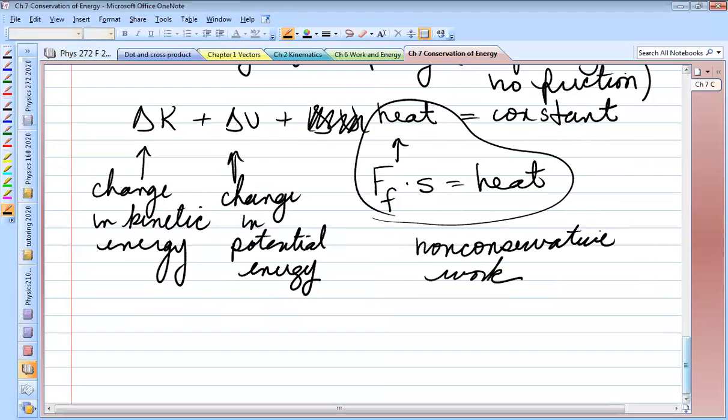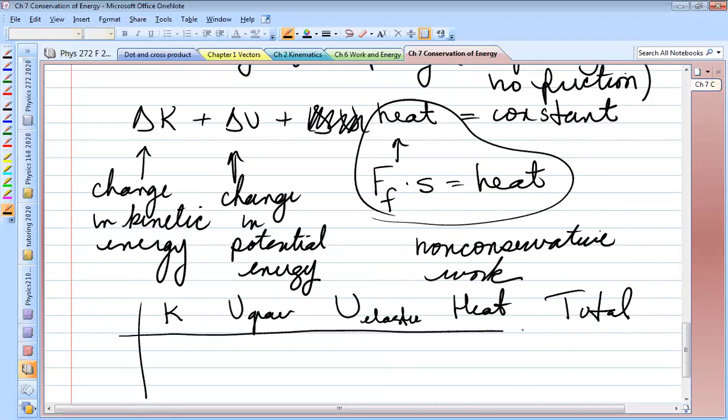Now, the way I actually like to use this equation is a bookkeeping method. So what I do is I list the types of energy. So there's kinetic energy, there's gravitational potential energy, there's elastic potential energy, and there's heat. And then there's a total.